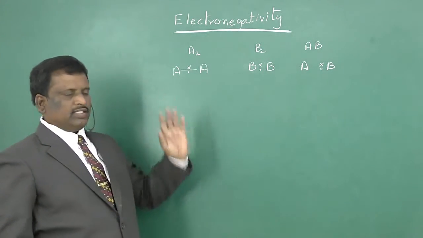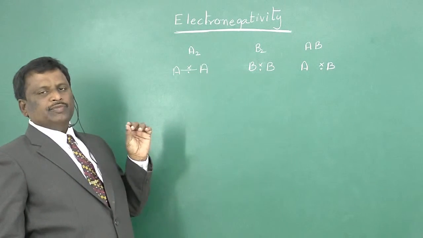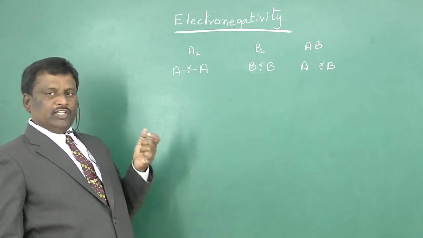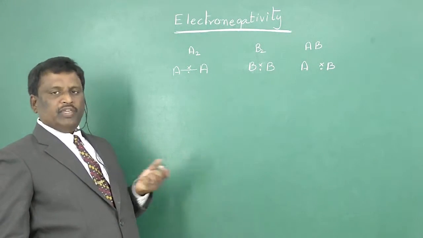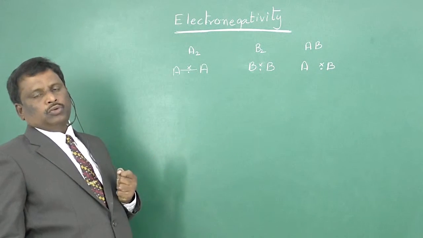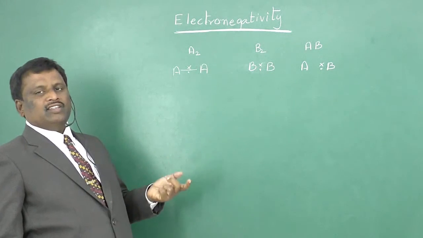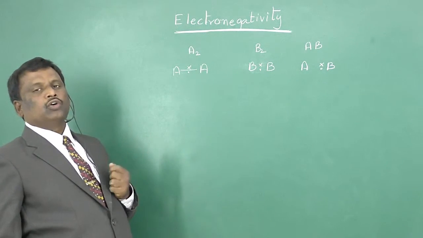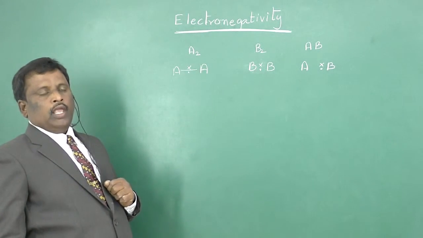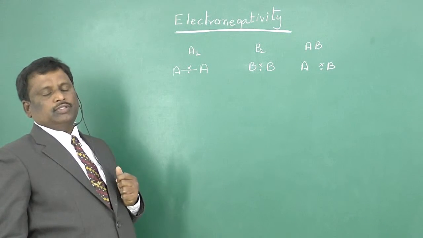Here in the three cases, one is the A2 molecule, in which two atoms belonging to element A are bonded with a covalent bond. In the B2 molecule, two atoms of element B are bonded with a covalent bond. And in the AB molecule, an atom of element A and another atom of element B are bonded with a covalent bond. In all these three cases, an electron pair is mutually shared by both the bonded atoms.